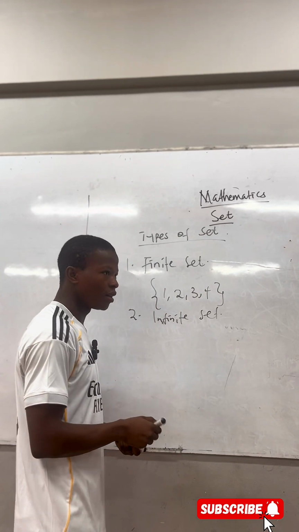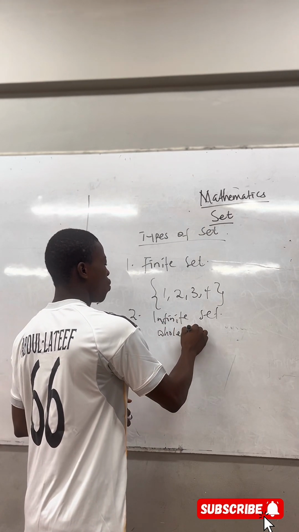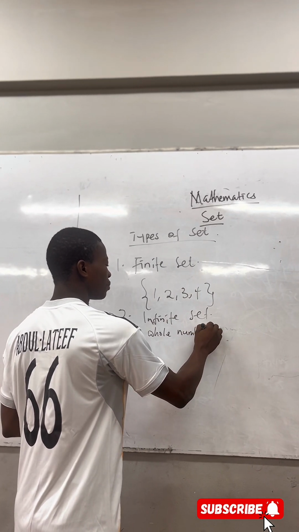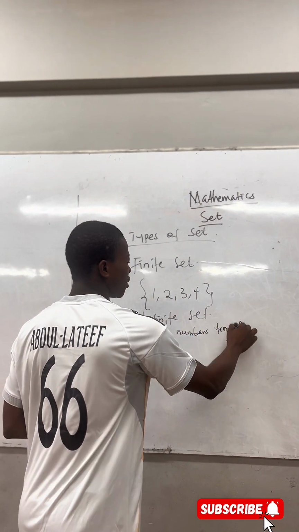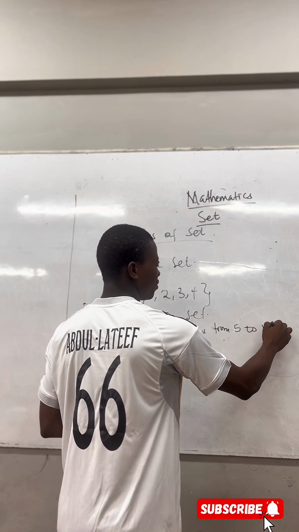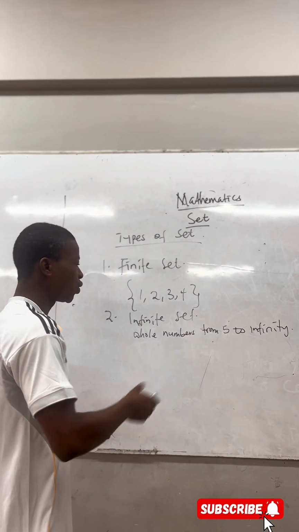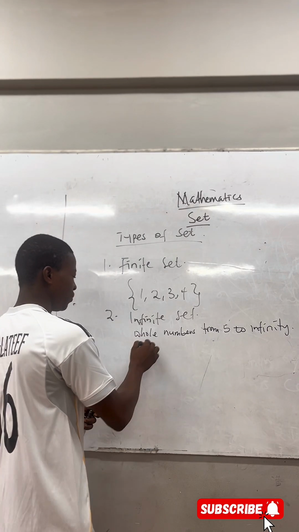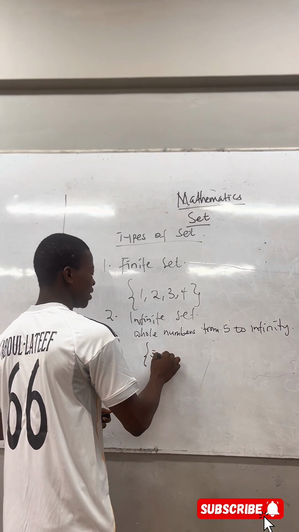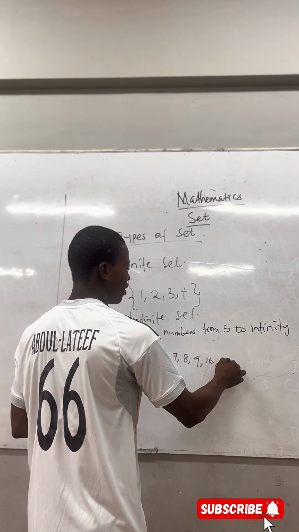So if we are having whole numbers from 5 to infinity, we have 5, 6, 7, 8, 9, 10, 11, 12.